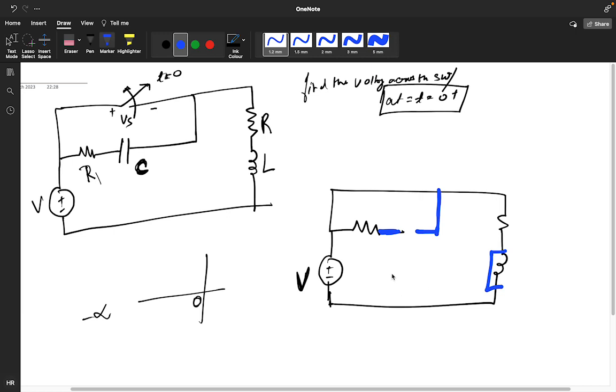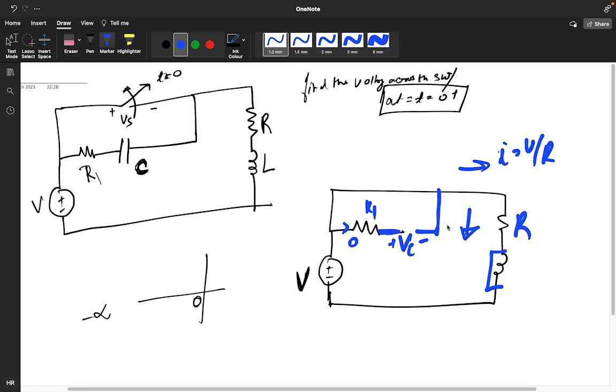So guys, what current will flow in this particular circuit? It is V divided by R only, because this is a hanging wire, it's becoming 0, and this is a short circuit. You need to find the value of Vc. Here the current is 0, this is your R1.